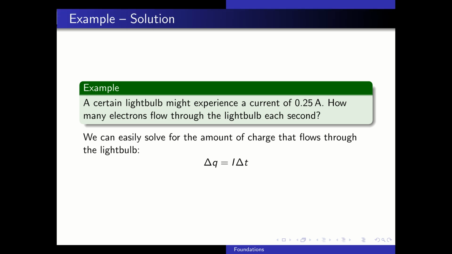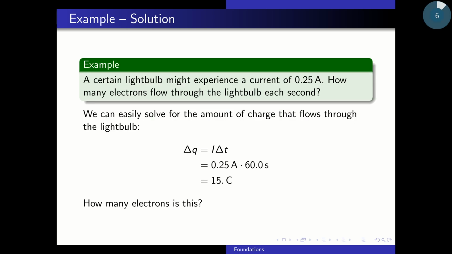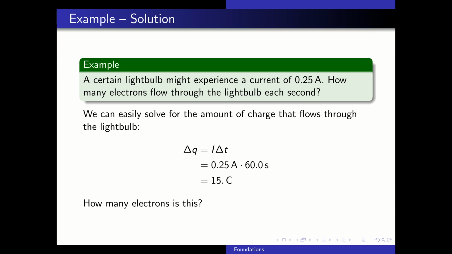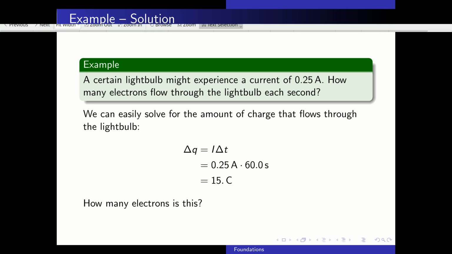Again, if you'd like to pause with this hint and complete the problem on your own, please do so now. Okay, so let's take a look and see how I solve this and see if you've gotten the same answer. All I need to do is plug in those values, 1/4 of an amp for the current I, and in one, apparently I changed my example. The mathematics here, I solve for how much charge flows through every minute.